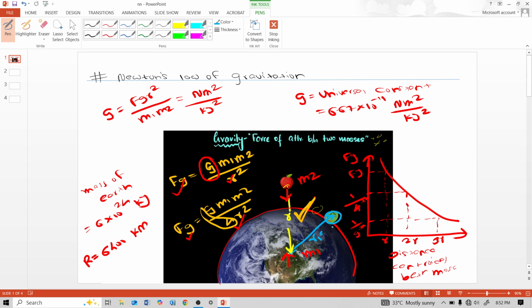This drawing is not as per scale, that's why it is seen large, but it is very small.